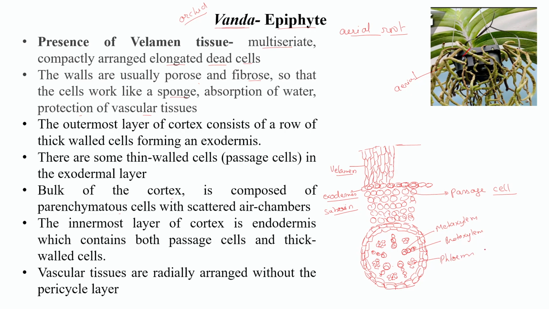Then this will be phloem. And in the center you will have pith. Some sclerenchymatous tissue can also fill this space inside the central cylinder.